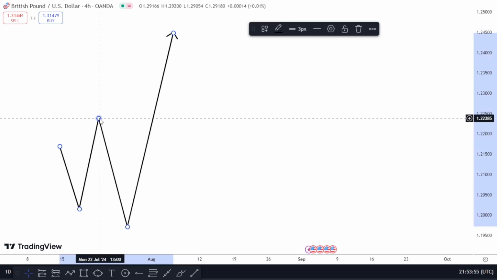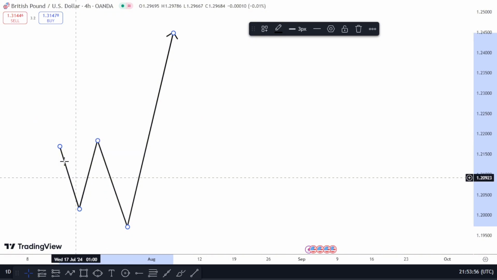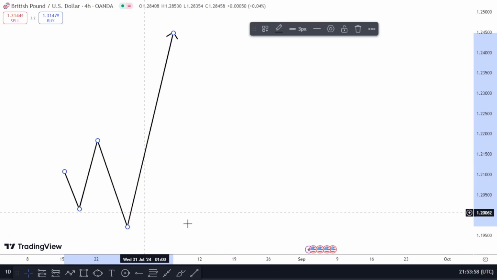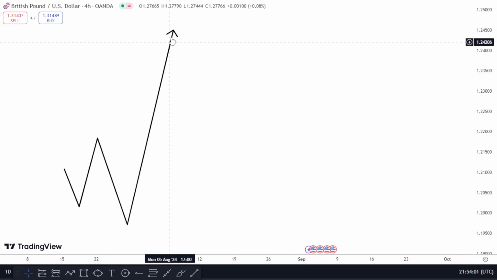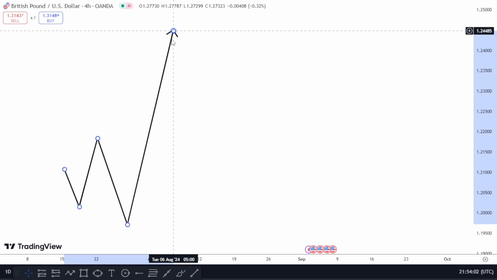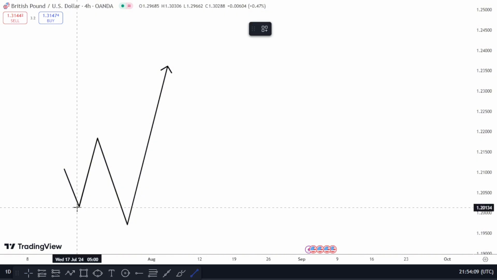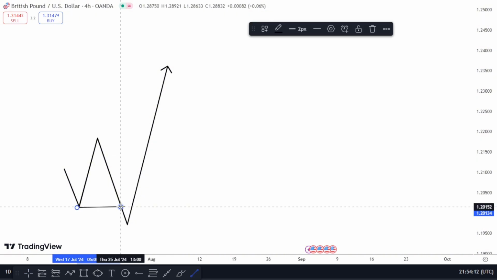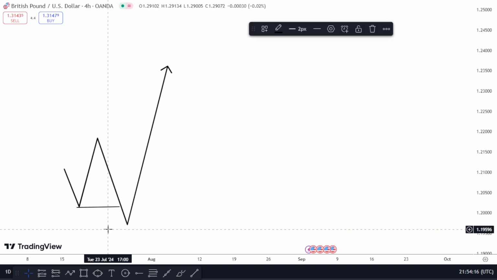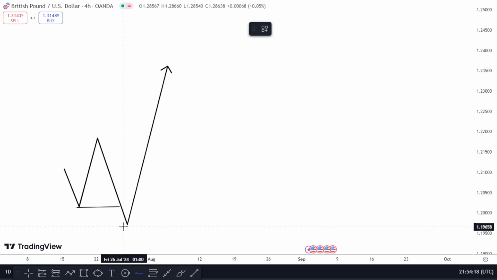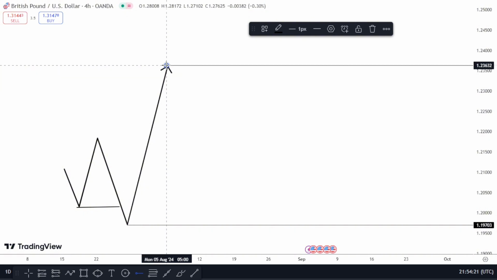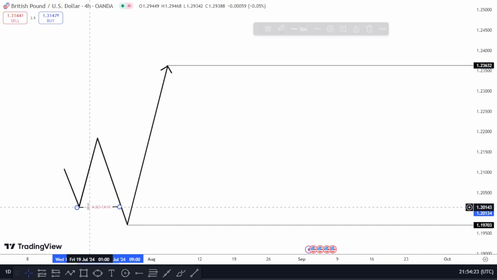So the whole of this is our swing structure. We have a sweep of liquidity, so since we have a sweep of liquidity, this becomes our protected low. And this becomes our protected high.